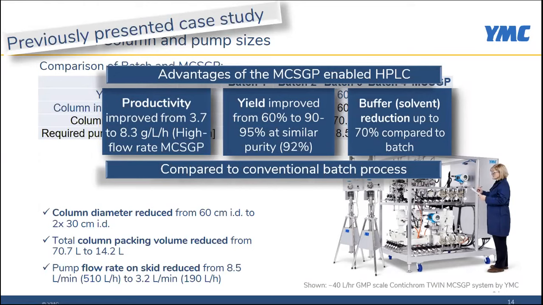the downstream needs. So for instance, instead of using a 60 centimeter ID column, the process can be run with two 30 centimeter ID columns, which then also reduces the needs of the packing materials. In this case, it was a significant reduction down to 15 liters instead of 70 liters, which also means you can reduce the needs for the skid sizes and the pump requirements for your process.